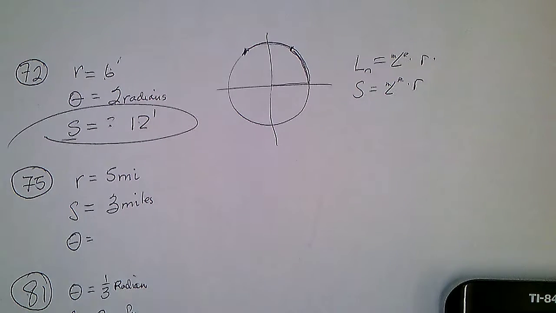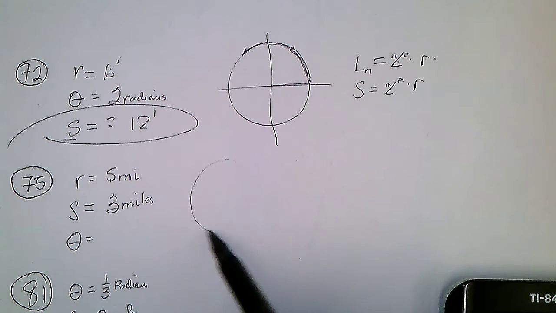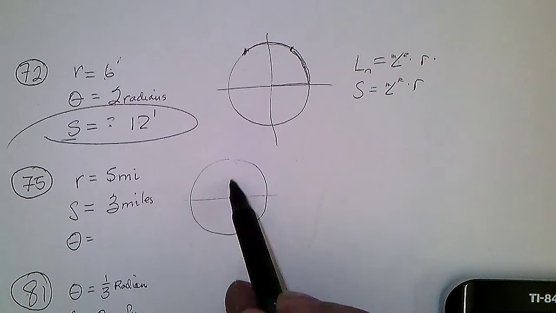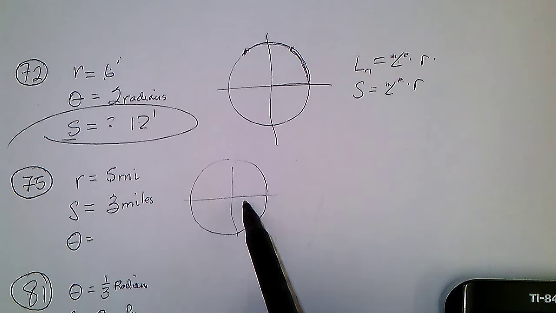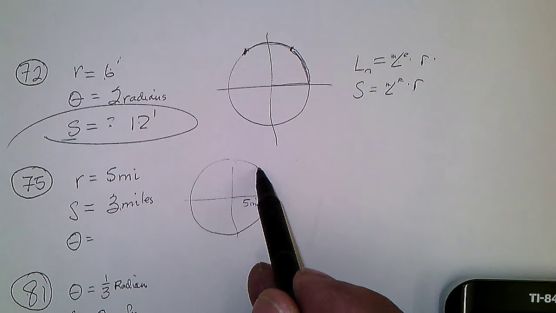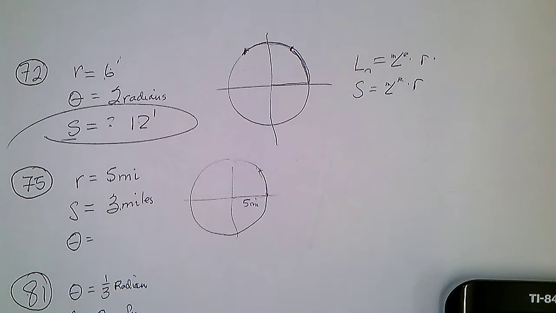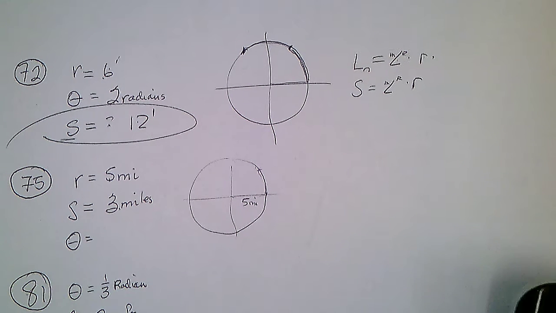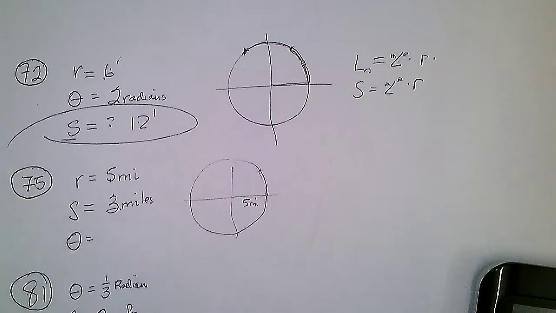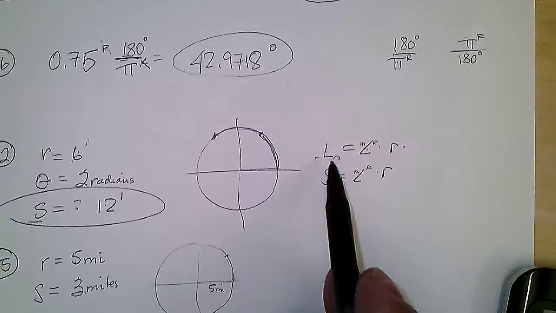Now it says the radius is 5 miles, but I'm only going 3 miles. So I'm not going a full radius. So this is going to be less than 1 radian for the angle. So I'll just use the formula up here.